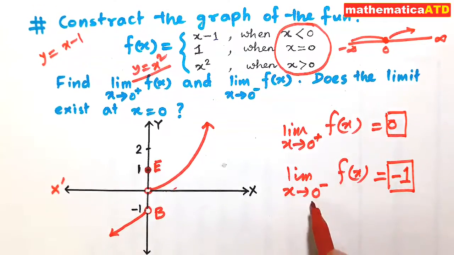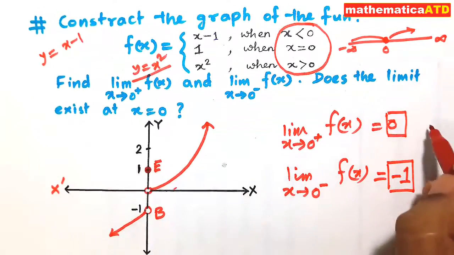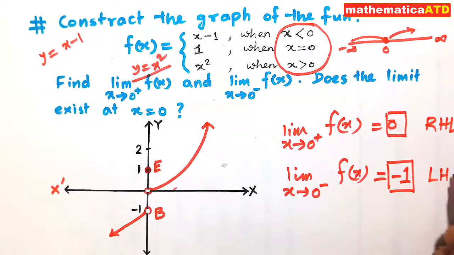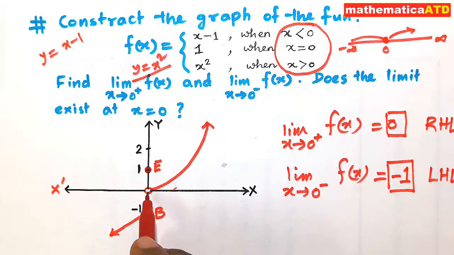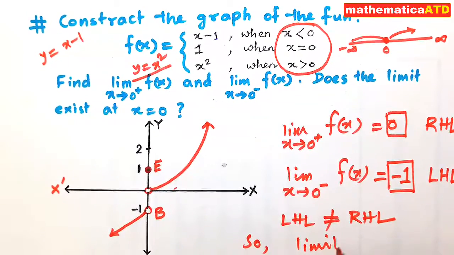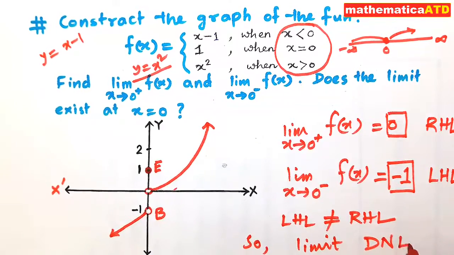Since at the same point the right hand limit and the left hand limit are not the same, the limit does not exist at the point x = 0. Again I write here, LHL is not equal to RHL, so the limit does not exist at the given point 0.